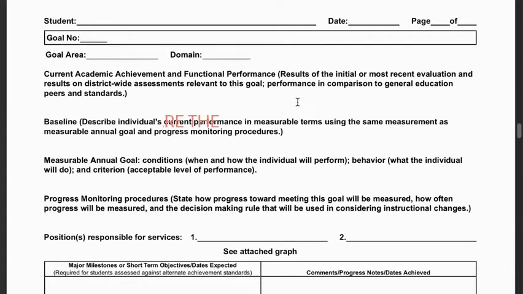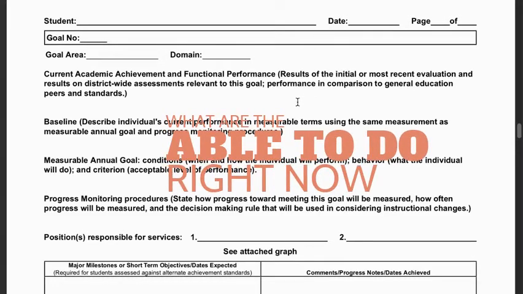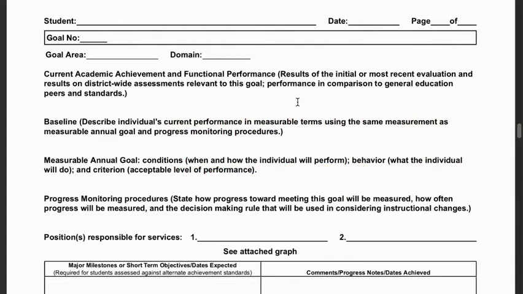So in that box, the first paragraph will sort of describe their current level of performance, what they can do on their own. The next paragraph or so will tell you what peers in that child's class can do, sort of compare the two.